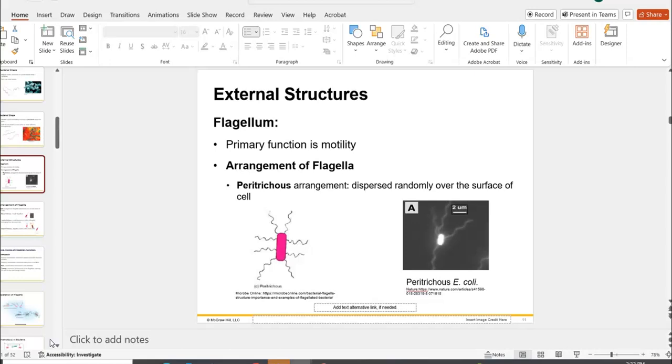So the length and the arrangement of the flagella can vary by species. Cells can have a single flagellum or they can have multiple flagella. And so the arrangement of the flagella helps in the identification of the organism.